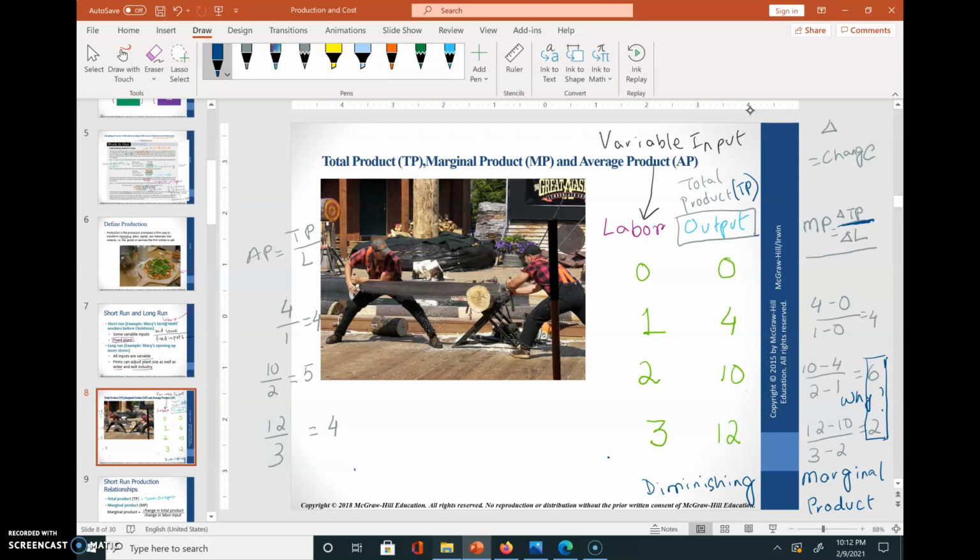For the first worker, average product is 4 over 1. This equals 4. For the second worker, this is 10 over 2. That equals 5. For the third worker, it is 12 over 3, and that equals 4.